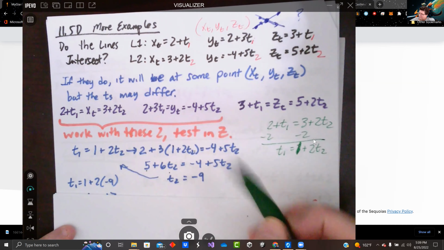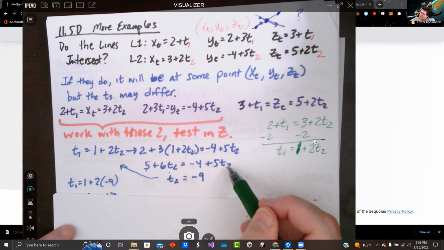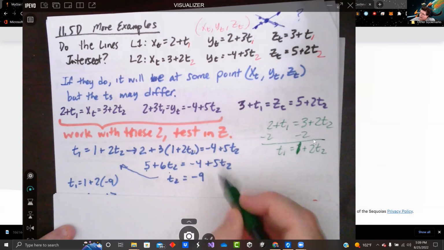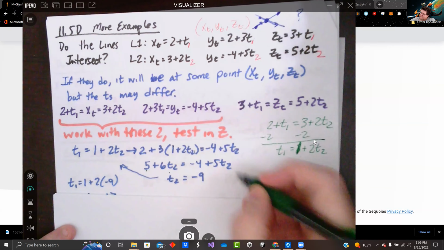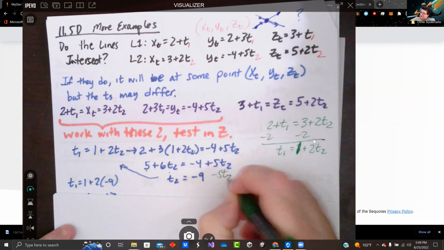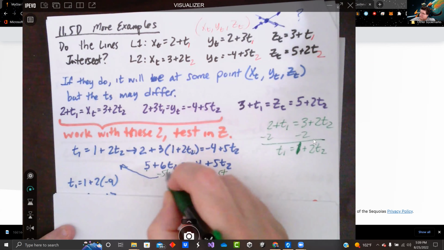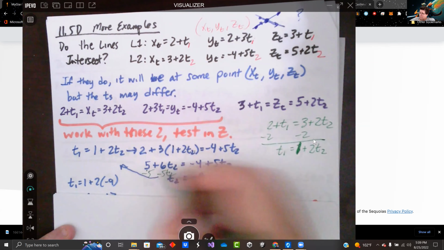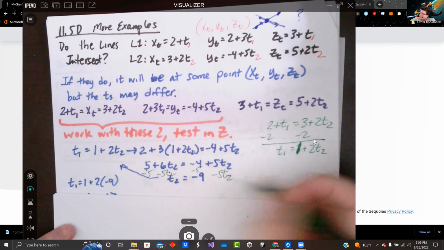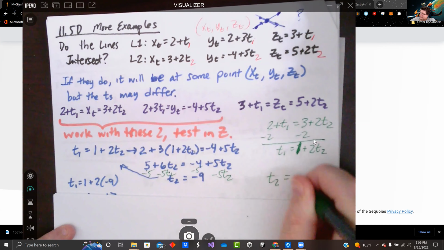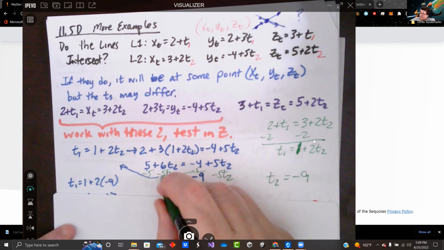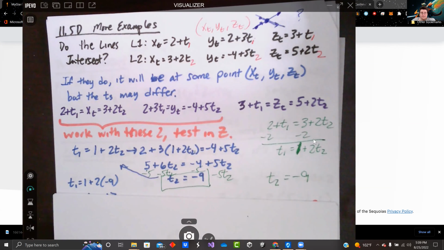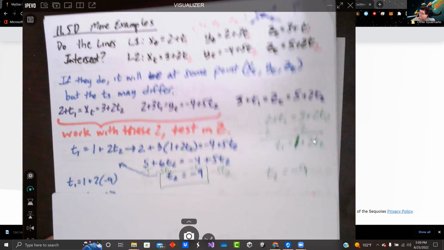And if I solve for t2, I can do minus 5t2 on both sides, and I could subtract 5 on both sides, and I get t2 equals negative 9, like I did right there. I didn't write out very many steps. I'm kind of wishing I had.